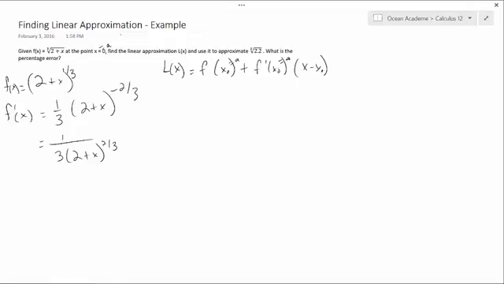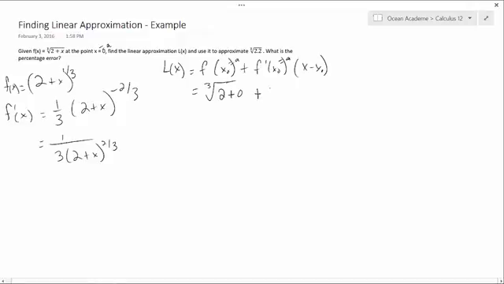So, to express this another way, we take our function, which was the cube root of 2 plus, now instead of x, we're going to put in 0.